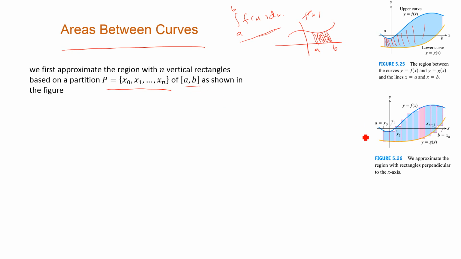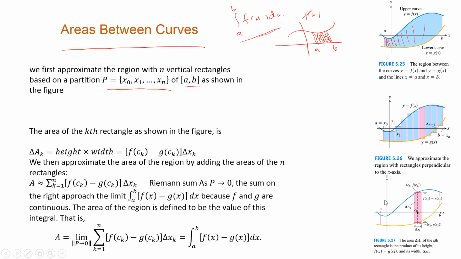Okay, and then the same procedure: we'll choose the kth rectangle, find the height, find the area of this rectangle, and letting the width of the rectangle go to 0, we'll have the area bounded by these two curves. So let this be the kth rectangle.